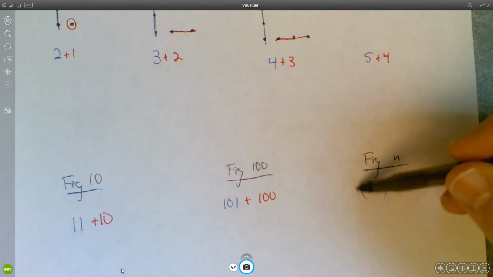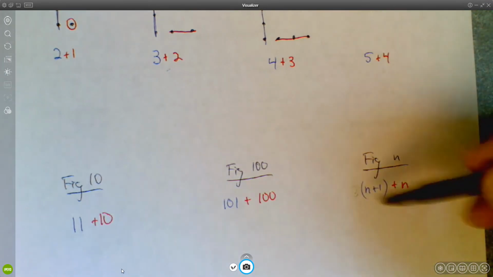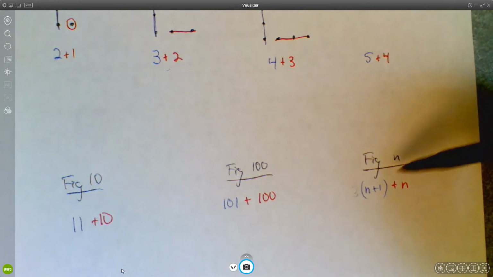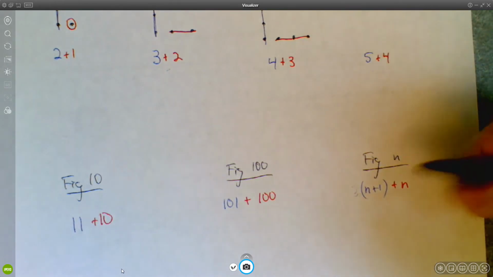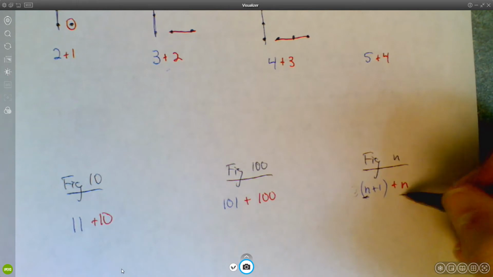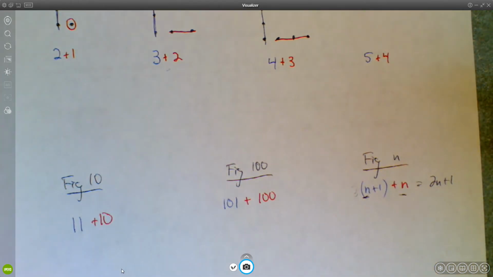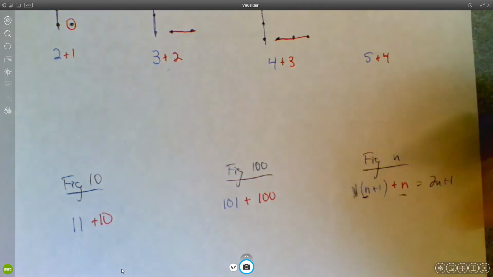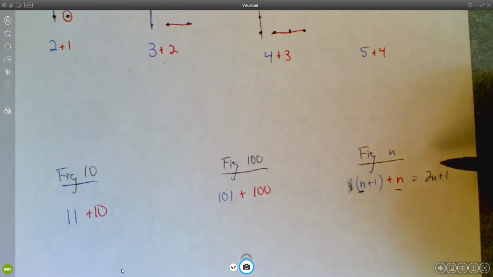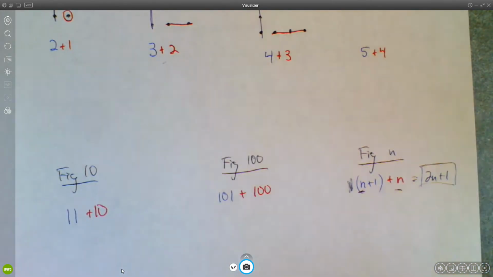It's not like you're multiplying this by 3 or something that you have to distribute. So those parentheses are pretty meaningless. We just have n plus 1 plus n, combining our like terms, right? That would be 2n plus 1. Okay, so ignore that 3. It's not supposed to be there. But anyway, so 2n plus 1 dots in the nth figure.